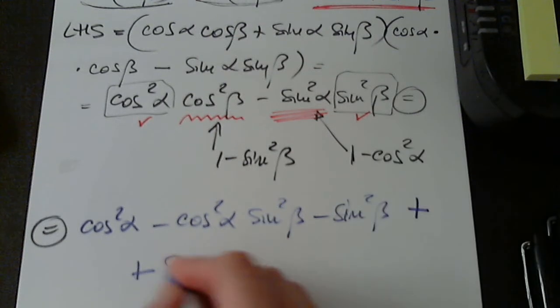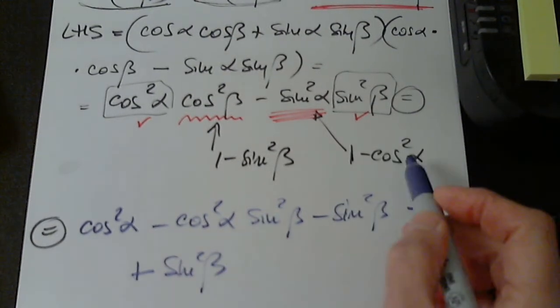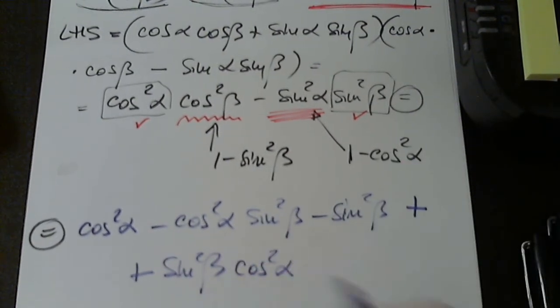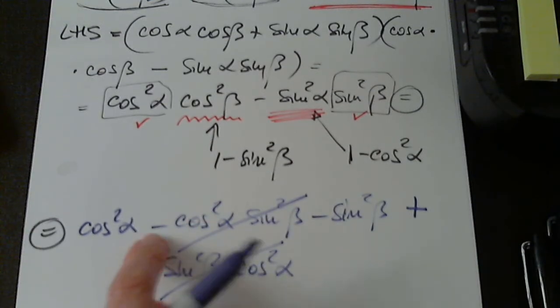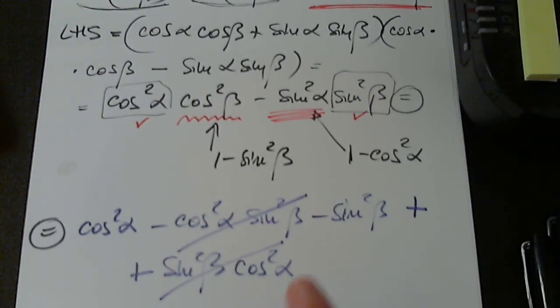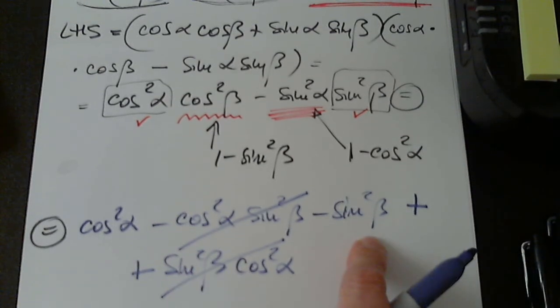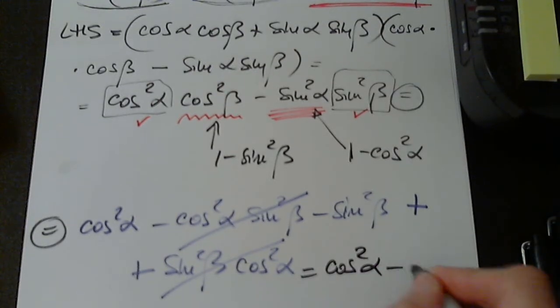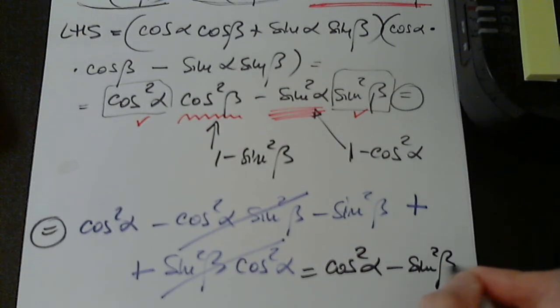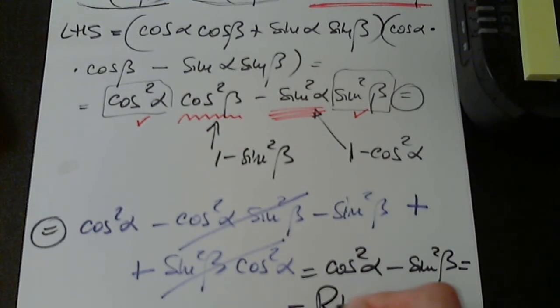So we have sine squared beta and cosine squared alpha. That's exactly what I was hoping for. So sine squared beta, cosine squared alpha with minus in front, sine squared beta, cosine squared alpha with plus in front. So that's exactly what I was hoping for. So this is cosine squared alpha minus sine squared beta, which equals the right-hand side.